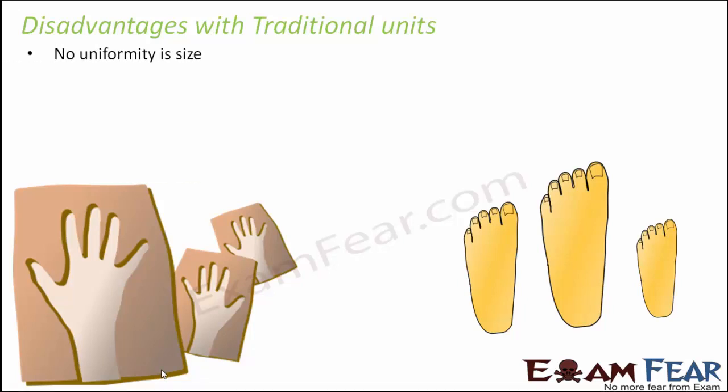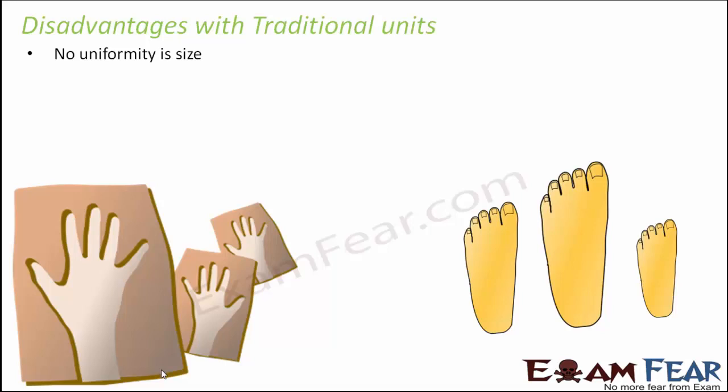The most common disadvantage was that there is no uniformity in size. When you are using your foot, or your hand, or your fingers or forearm as a reference, different individuals will have different sizes of arm, fingers, and foot. So everything is not universal.